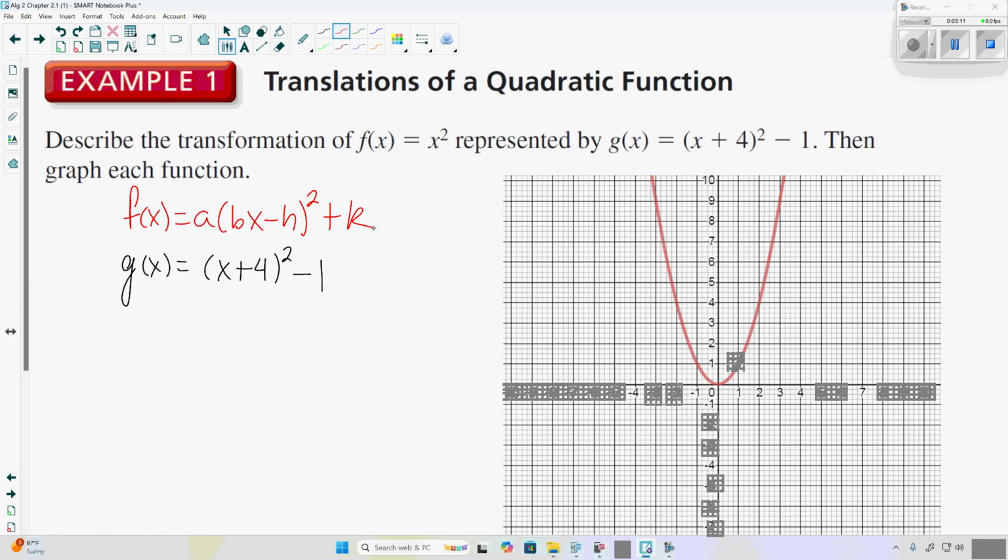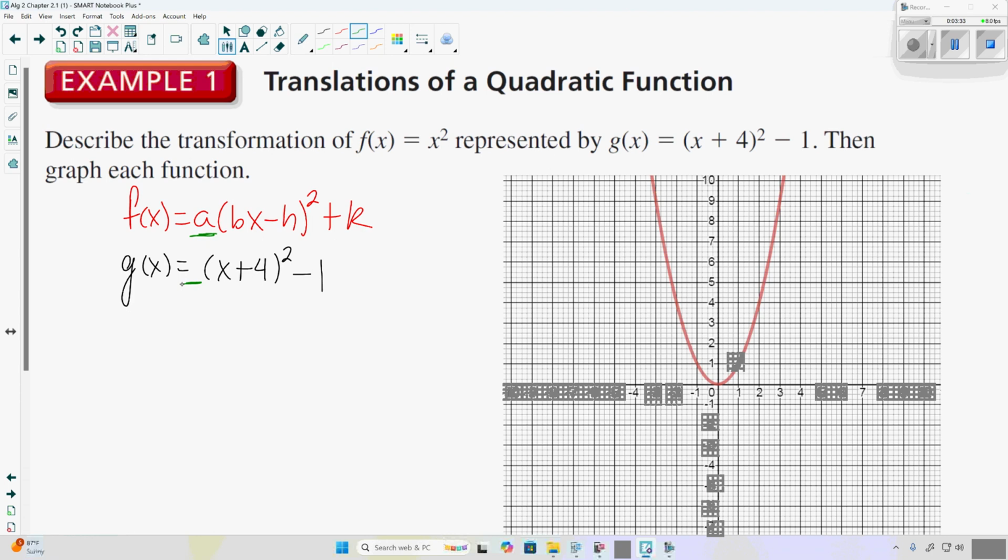So I'm going to put the general form. We're going to have a, b, h, and k. For the most part, we've only really looked at horizontal translation, our left, right, up, down. Because if we look at this compared to the general form, do we have a number in place of a besides 1?